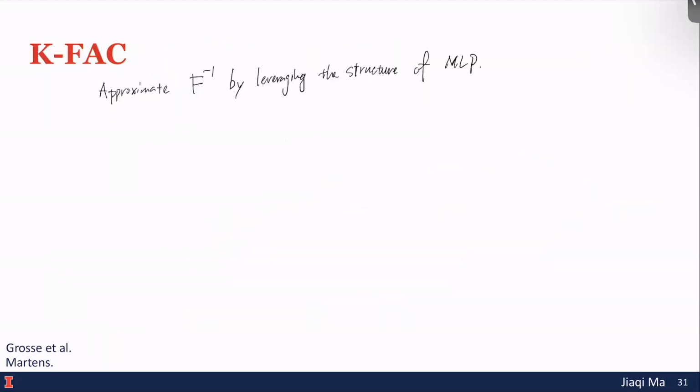And here's K-FAC. We need to first establish some notation. Because we are going to calculate the gradient, we're going to look at the gradient for different parts of the model parameters. So let's denote V bar as the gradient of log probability over V. And so we can simplify F as the expectation over theta bar theta bar transpose.